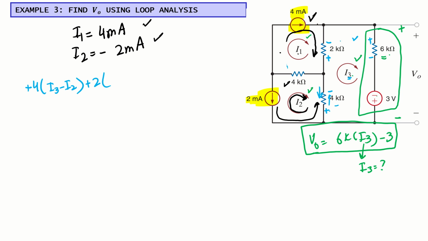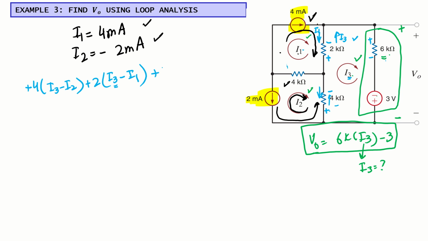It will be I3 and the other one is I1. This is the direction of I3, this is the direction of I1, so we can write it as I3 minus I1. It is always the difference of loop currents, but the reference will be the higher current, the reference loop current, for example I3 in this case.